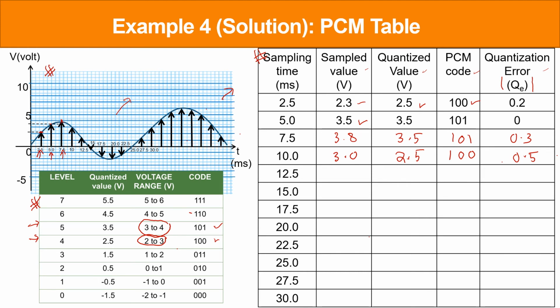Okay, we try another, 12.5 milliseconds. 12.5 milliseconds is 1.5 volt and it belongs to this voltage range, and the quantized value is 1.5 volt and the code is 011 and the quantization error is 0.